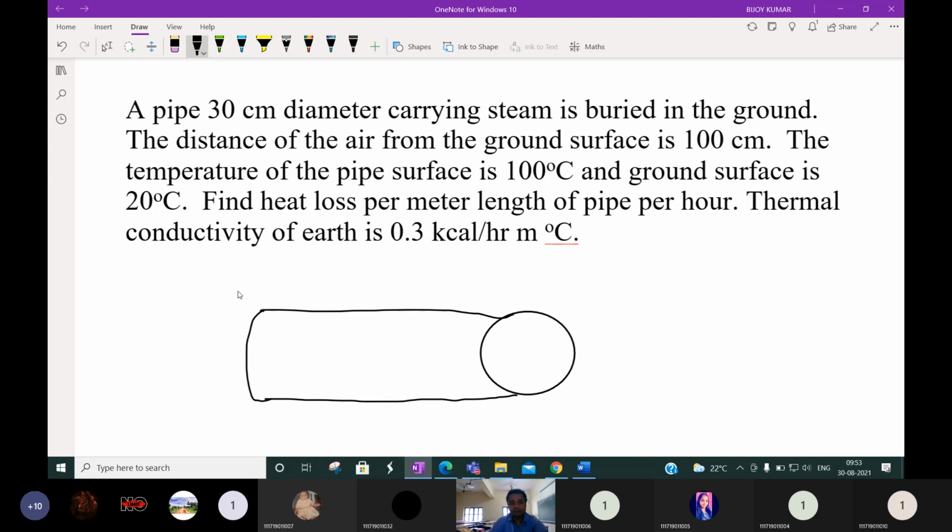Inside it, steam is flowing. And it is given that this pipe is buried in the ground. Ground means, suppose this is the ground surface, this is our earth surface. Inside it, this pipe is buried. Any doubt till now?